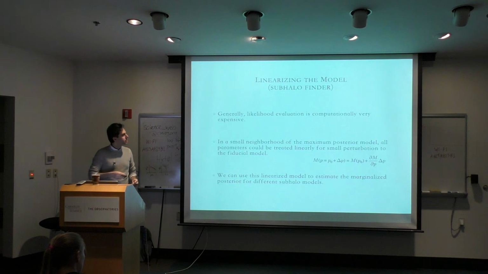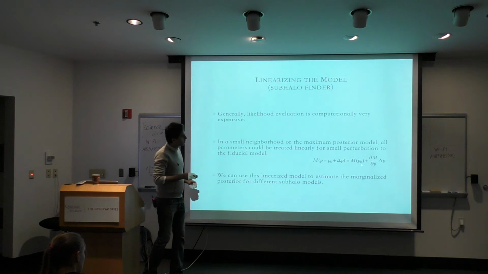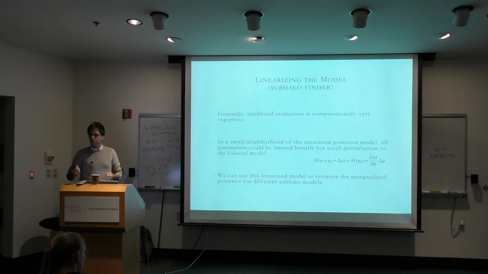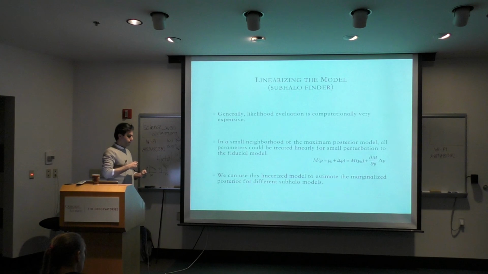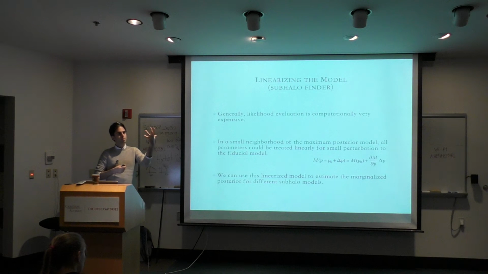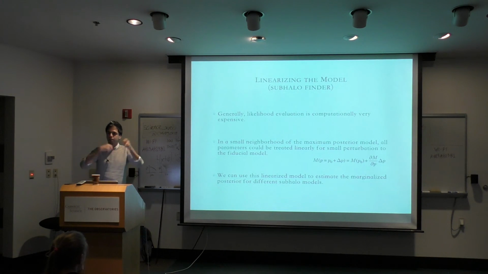So we can take the derivative of our observables and make a linear model, and that speeds up our calculation quite a lot, because we can find the best fitting model or marginalize over our posterior for a particular model that has a subhalo in it much faster, without needing to non-linearly sample tens of parameters.